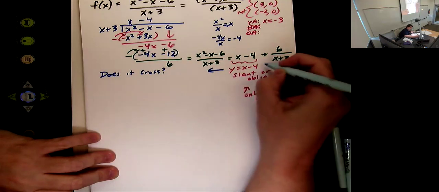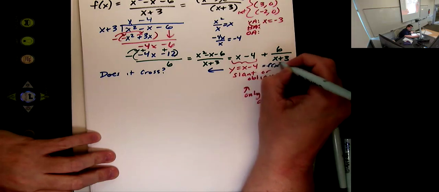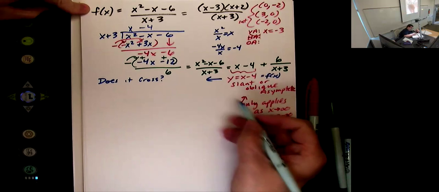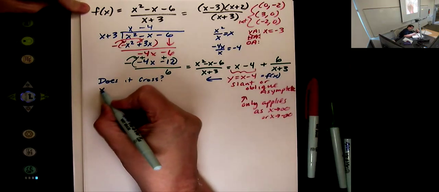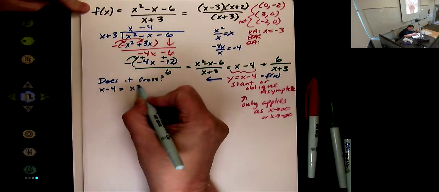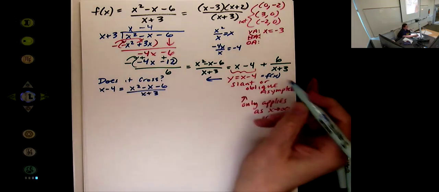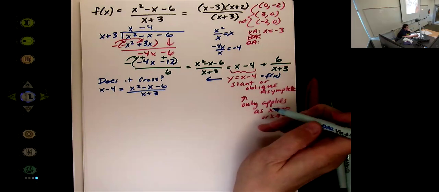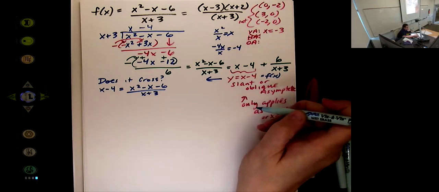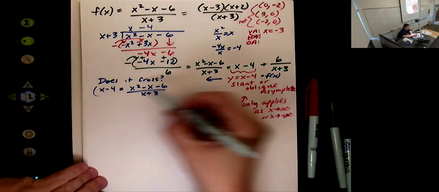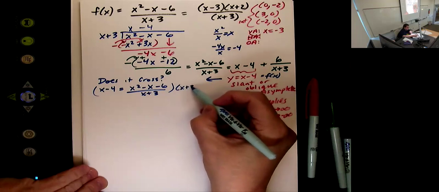This is our f of x. So I'm going to set f of x equal to that. Since I'm only looking for where it crosses and I'm not worried about asymptotes right now, I can just clear fractions.